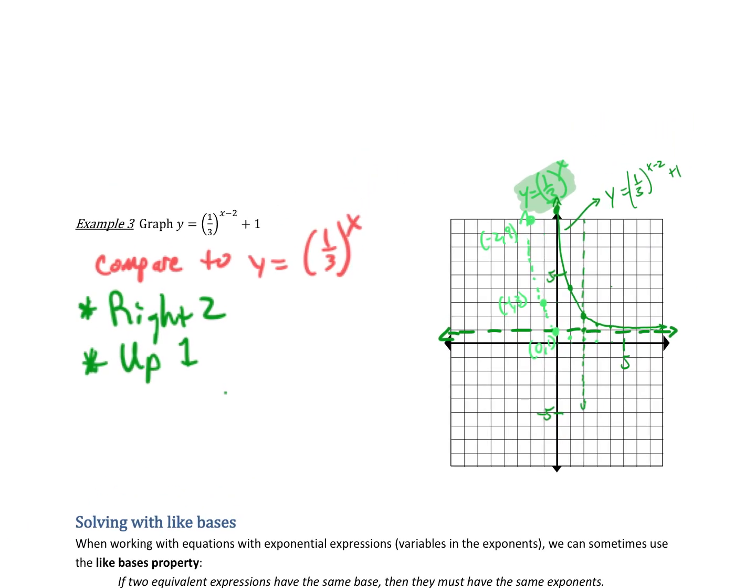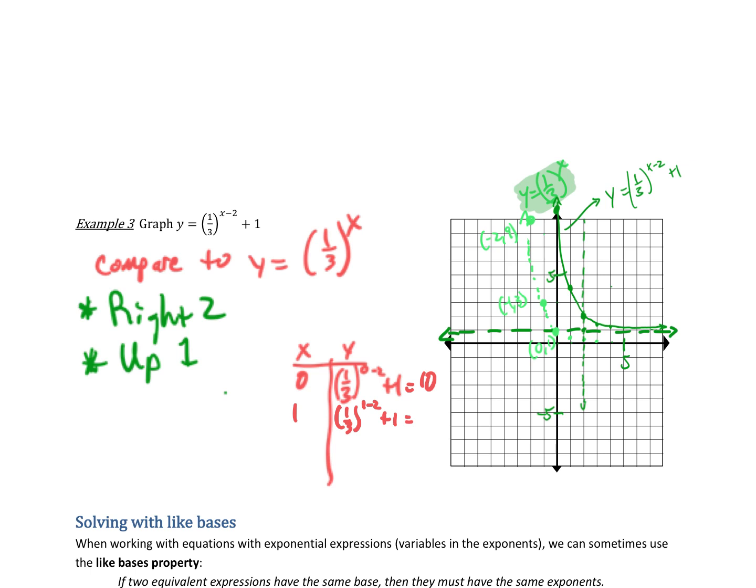Now, there's a third way always. Don't hesitate to, if you're stuck, you can always just plug in x values and find y values. You can plug in 0: 1/3 to the 0 minus 2, plus 1. This is like 1/3 to the -2, which is 9. 9 plus 1 is 10. And then you could plug in 1. 1 minus 2 plus 1, and work that out.